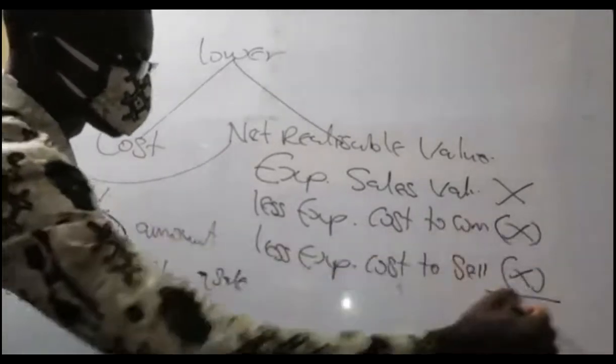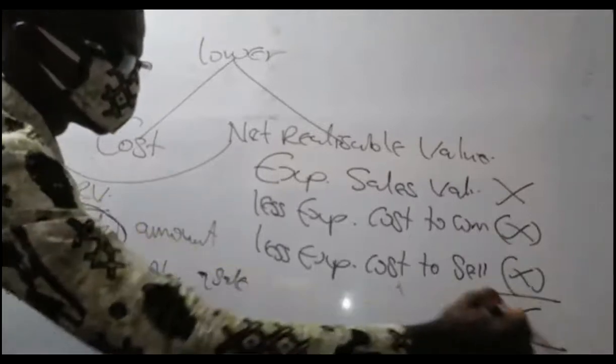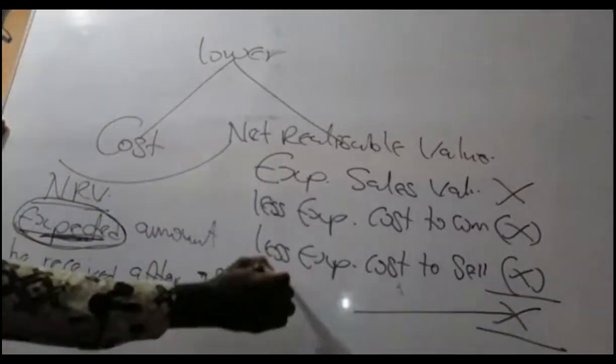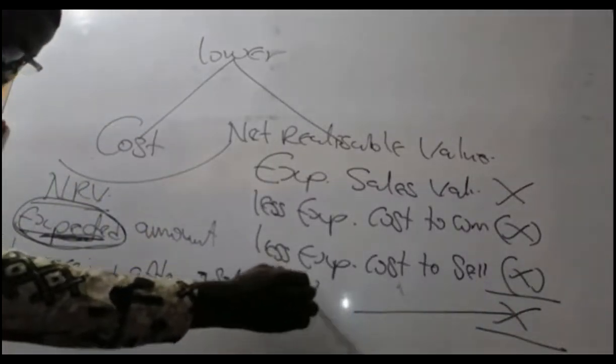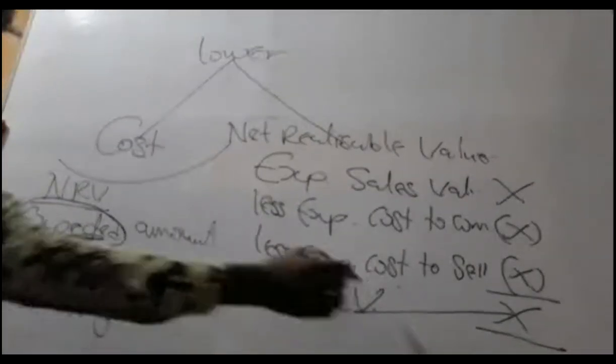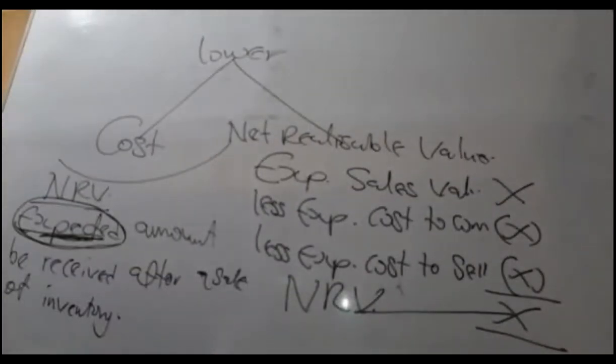This will give what we call NRV, net realizable value. Good. So if you should sell your goods today, how much are you going to receive from them? Please, that is not actual. That is not the realized.